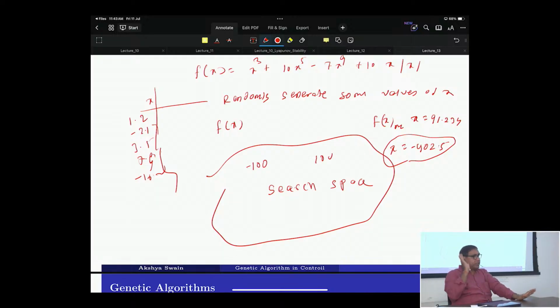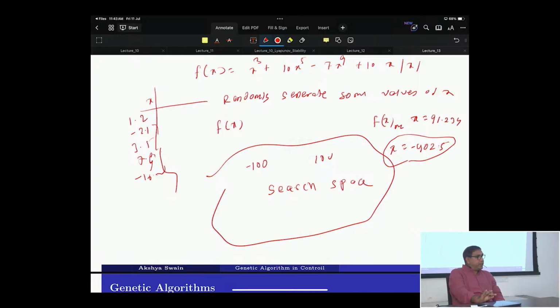Then I will certainly get a solution, no doubt about that. But is that solution true? This is not true in this case. The function has its true minimum value at minus 402, but my search space is minus 100 to plus 100, right? Okay, understand this?